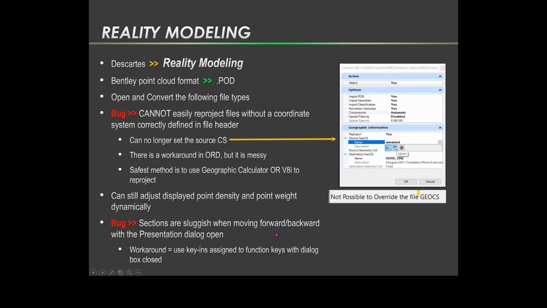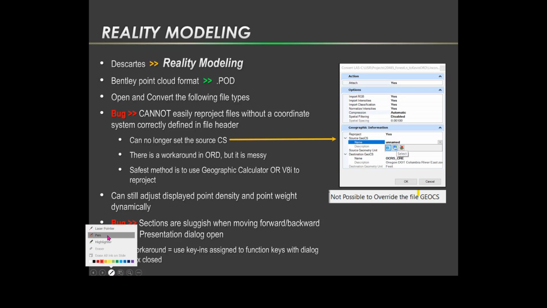There is what I think is a bug in our Connect and ORD. And that is that you can no longer easily reproject your point cloud files when you import them. So in V8i, you were able to set your source geocoordinate system and your destination geocoordinate system, and you could reproject a file.